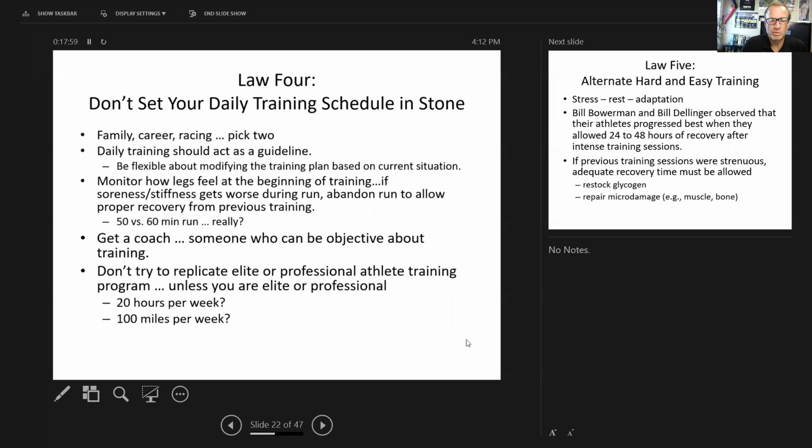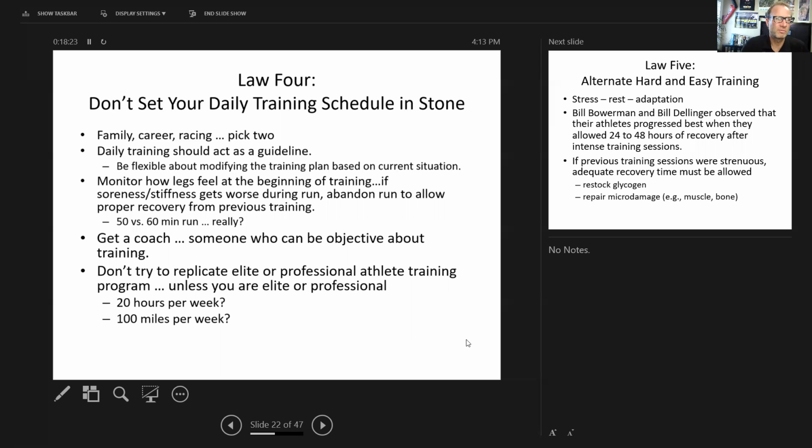Now, it is important to have a regular training schedule, but at the same time, you don't want to get to a point where you're sacrificing family, you're sacrificing work and career in order to fit that run in. Daily training should be a guideline, be flexible, monitor how the legs feel in terms of the training response.